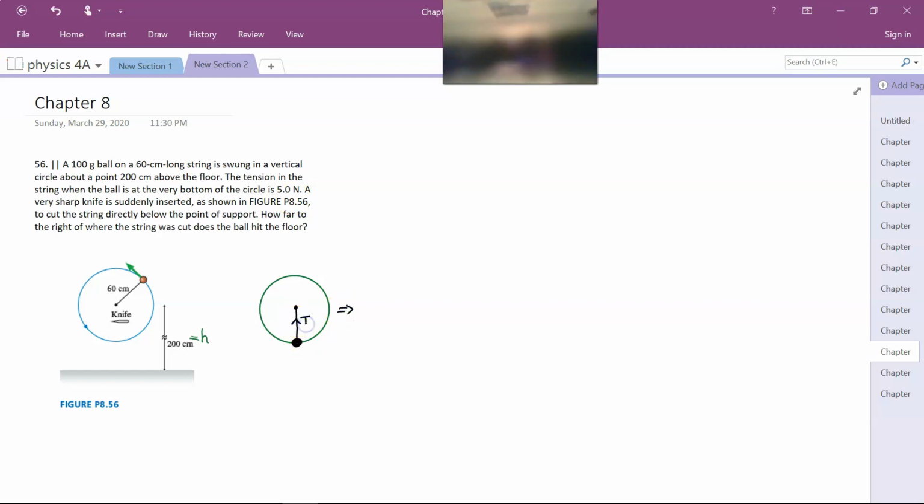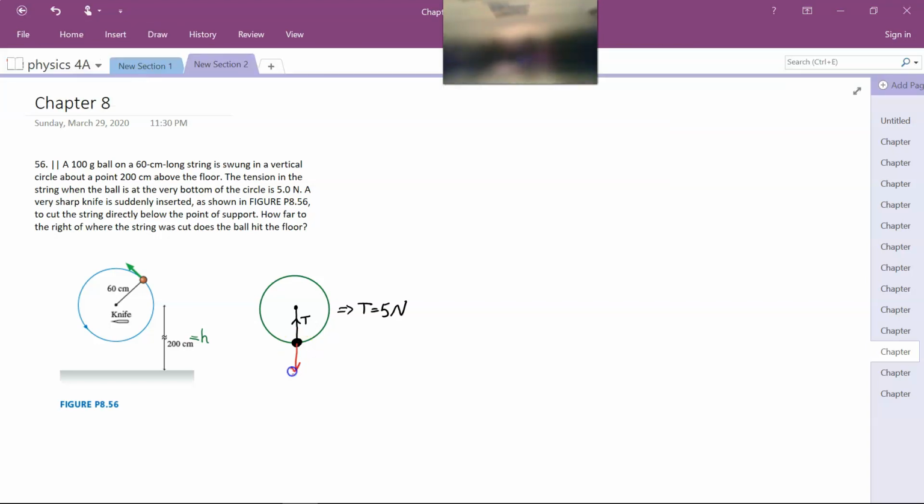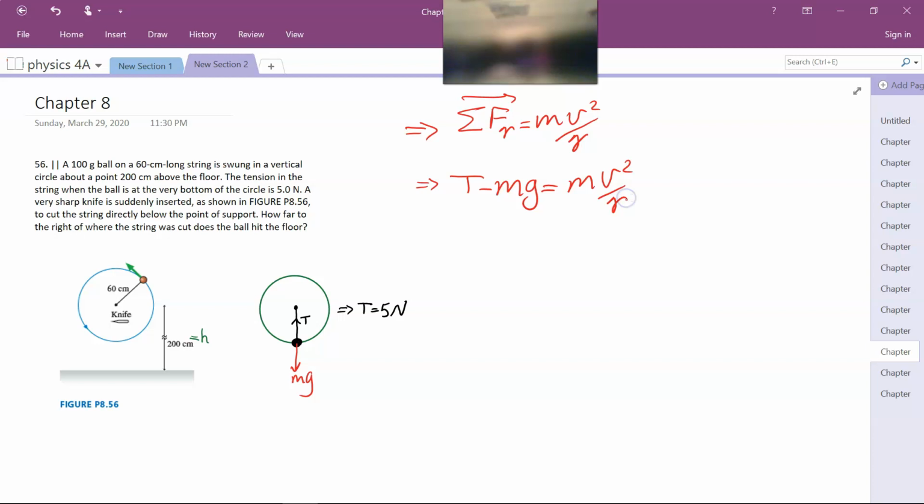tension is toward the center. So tension is what? 5 Newton. Okay, so we have to very quickly verify forces. There's no F and that's tension, so therefore anything toward the center is positive. So T minus mg equal mv squared over r, correct?